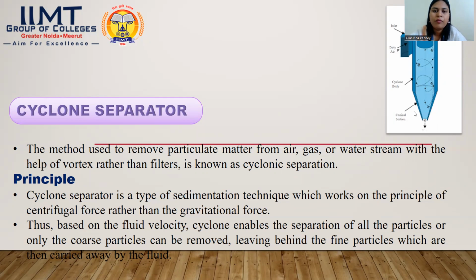When we flow highly pressurized fluid over here, the fluid gets into cyclone motion. As the cyclone motion happens, the particles settle down and the water is kept at the upper surface. Then we separate out our water, and the particles that settle down are separated separately.